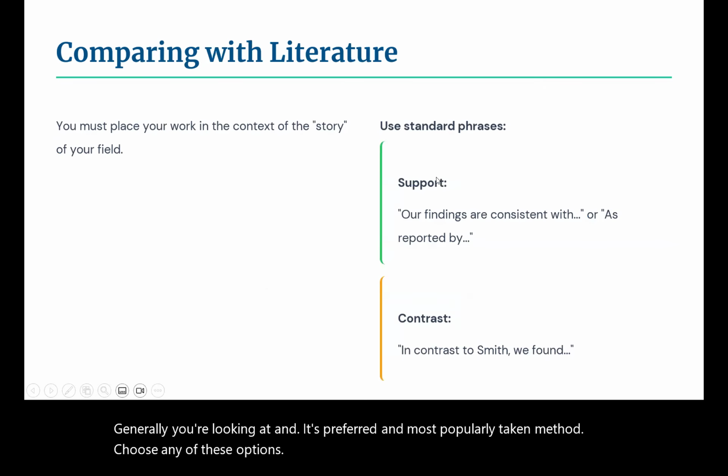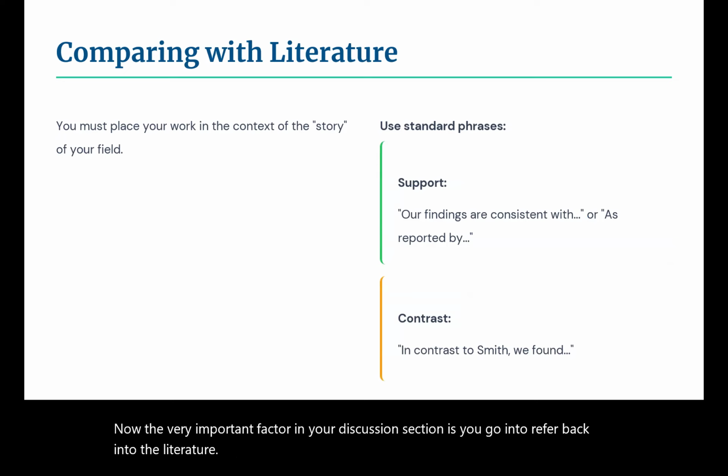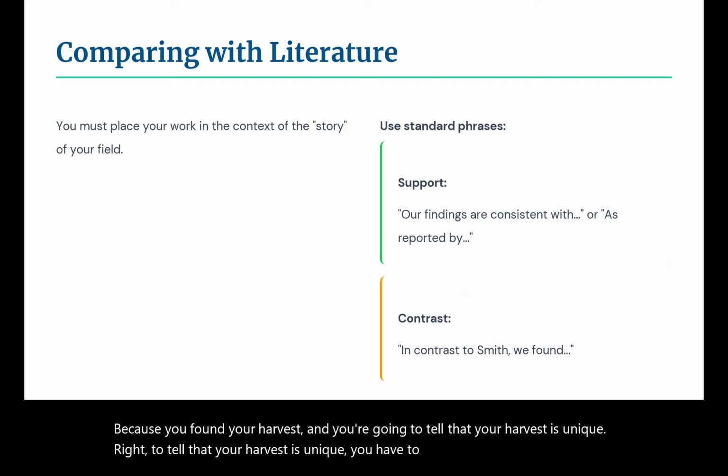Now, the very important factor in your discussion section is that you refer back to the literature, right? Why? Because you found your harvest and you're going to tell that your harvest is unique. To tell that your harvest is unique, you have to compare it with the harvest of others, which you discussed in the literature review.